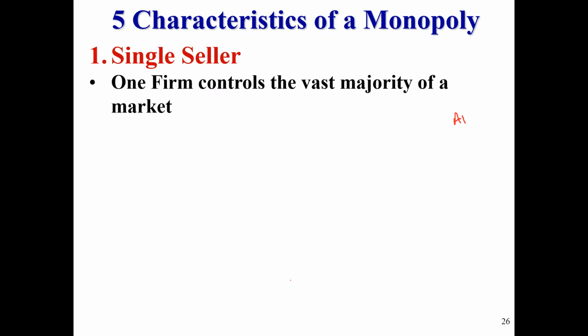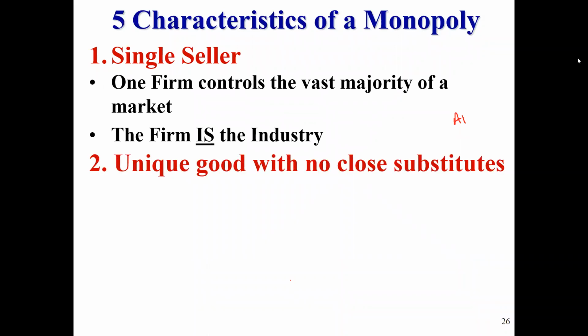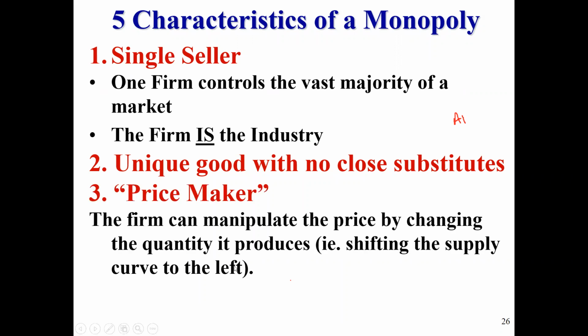All right. I think I put the characteristics of a monopoly in your notes, but single seller. The firm is the industry. That's why we only have one graph. Unique good with no close substitutes. Price maker.